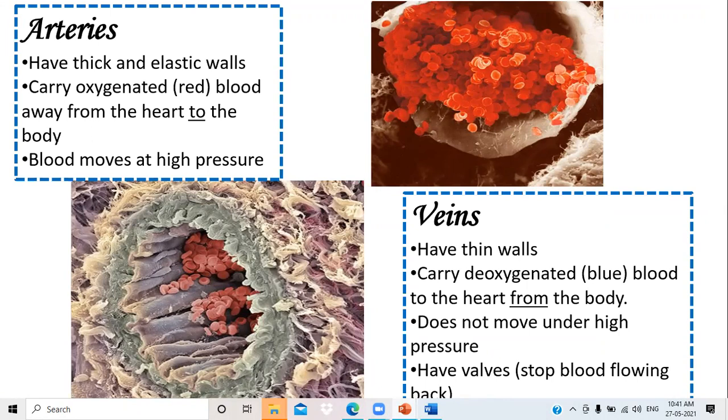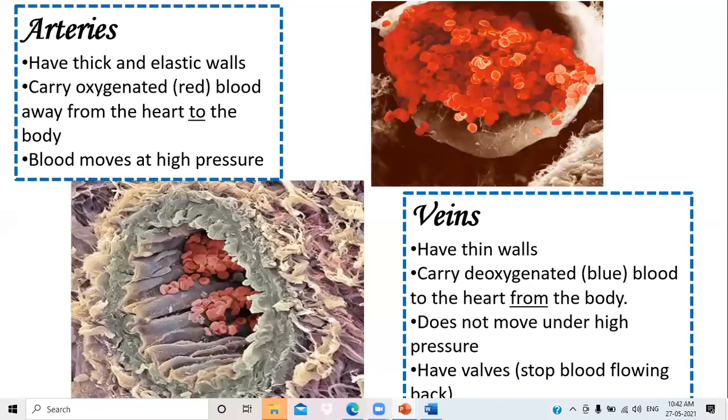The first type are called the arteries. The arteries are the roads that carry the oxygenated blood. The oxygenated blood is carried inside the arteries. They move inside the arteries, okay? The arteries are very, very large.